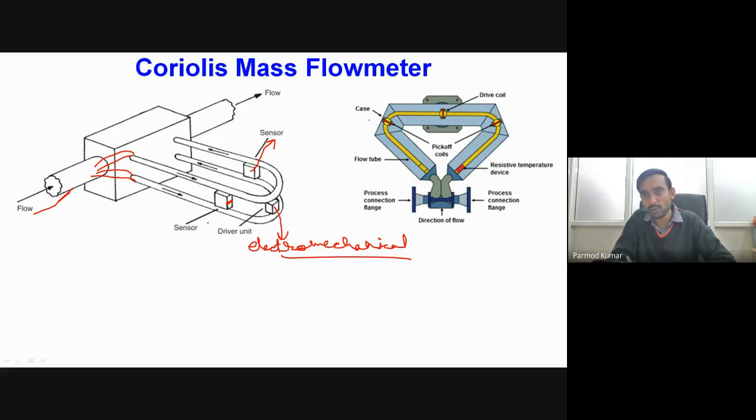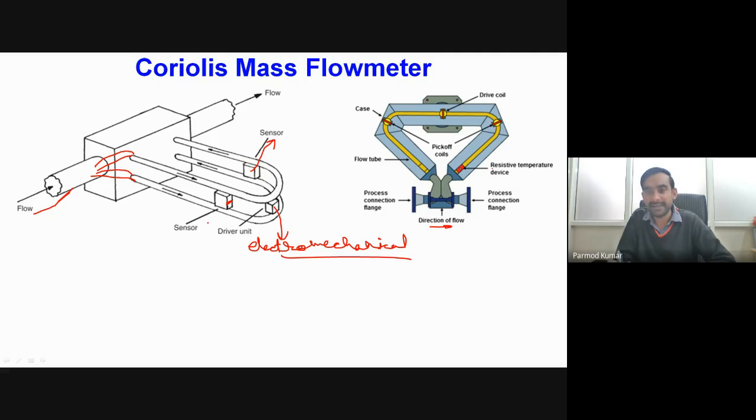Then we have two pickup coils, which measure the displacement of this tube structure on the left portion and right portion of the tube section. The direction of flow is also specified. Flow takes place in this direction, and then we have another flange connected to our output pipeline.